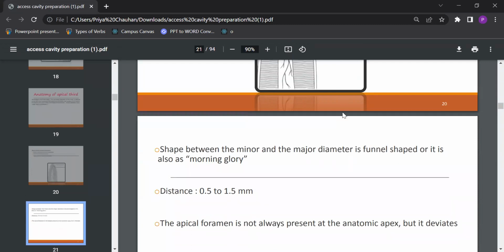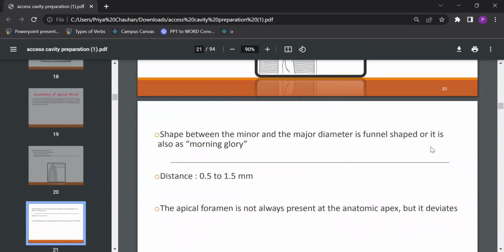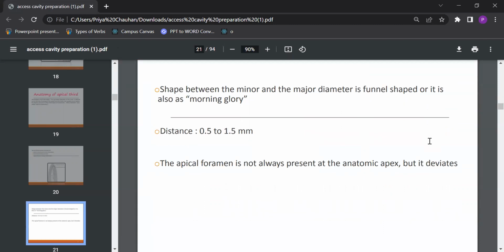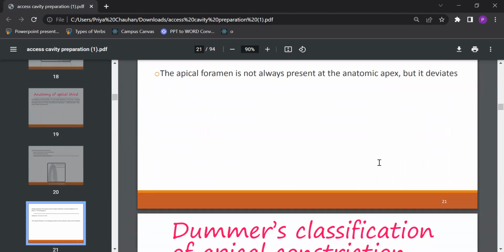So shape between the minor and major diameter is funnel shape or it is also known as a morning glory. ये मोस्टली PG's के एग्जाम में पूछा जाता है. तो क्या होता है morning glory. So shape between the minor and the major diameter is funnel shape or it is also known as a morning glory. So distance क्या है, 0.5 to 1.5 mm. The apical foramen is not always present in the anatomical apex, but it is deviated.